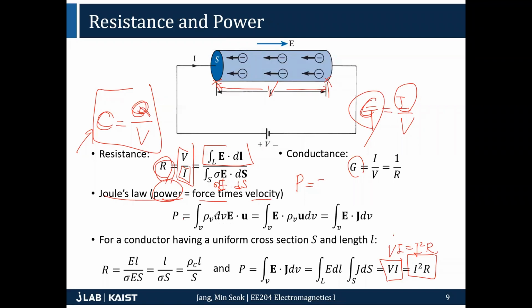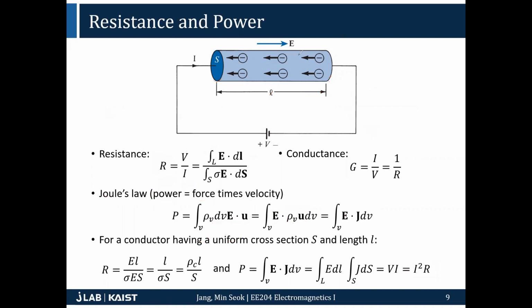Force here is rho E, the microscopic force, where rho is the charge density and E is the electric field. If you multiply by U, the velocity of the charges, this is the power density. Then you rearrange the terms, E here and rho U here, and it becomes E dot J. So E dot J gives you the power density, and if you take the volume integration, you get the power.